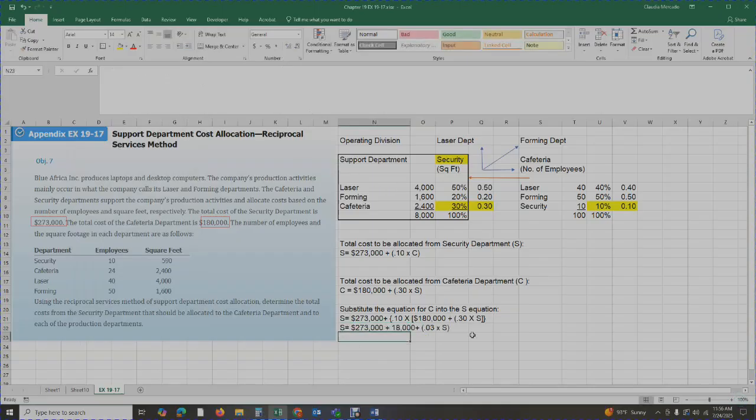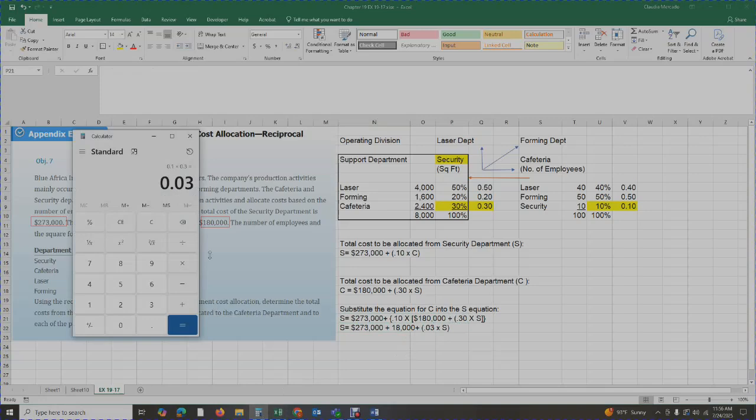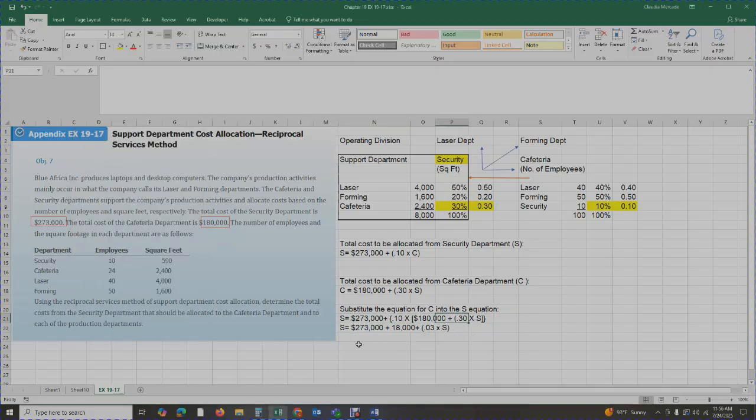So in this first step, we brought in the equation, and then we're solving. We get the 0.10 times 180,000, that gives me 18,000. We get the 0.10 times 0.30, that gives me 0.03. And then we just keep everything as is. Now we can do the 1 minus 0.03 equals the 273 plus the 18,000.